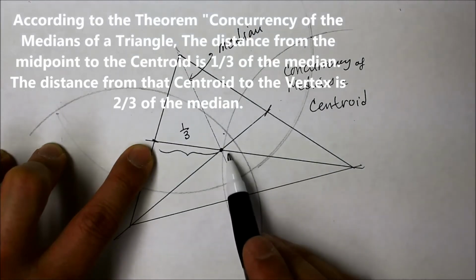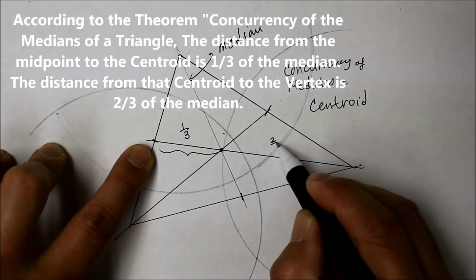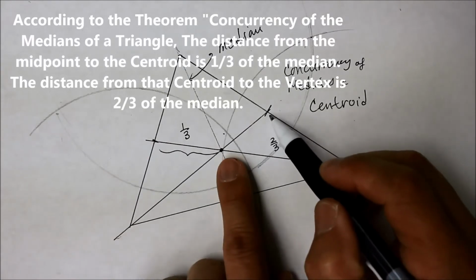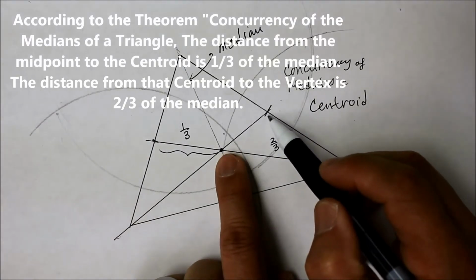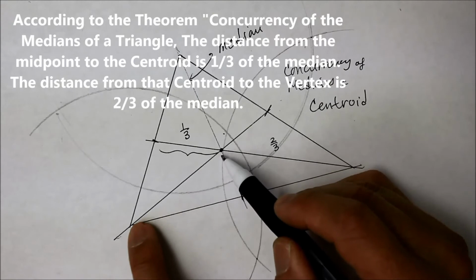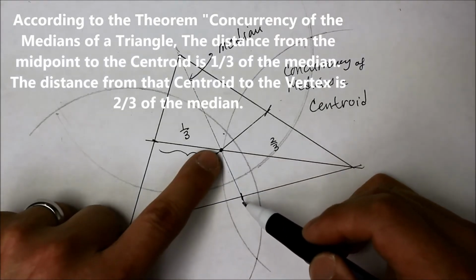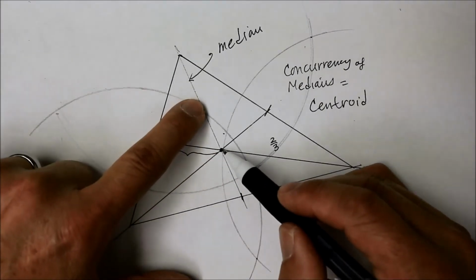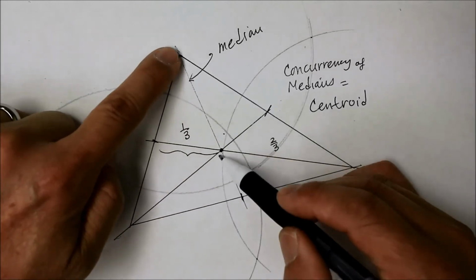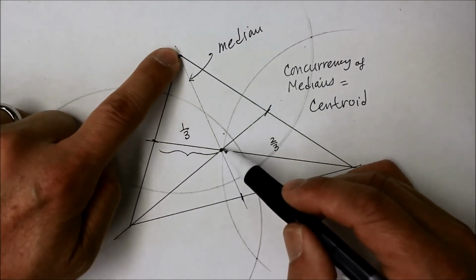So I guess that means the remaining portion here is then 2/3. Same is true for the others. They're all different, but this is always 1/3 and 2/3. This is 1/3 and may not look like it, but it's 2/3 on this side. The vertex side is the 2/3.